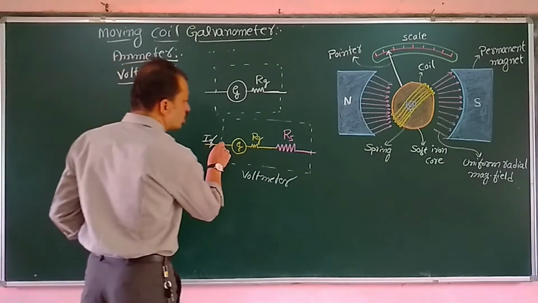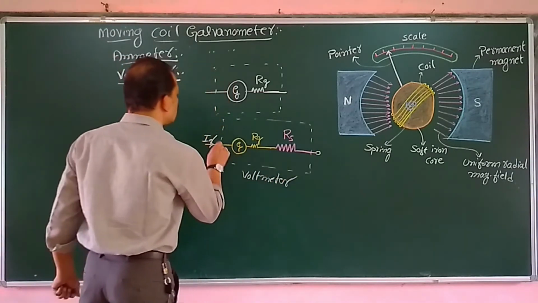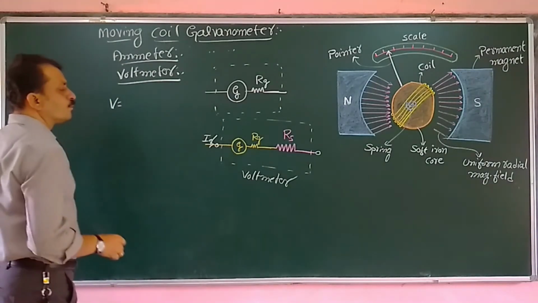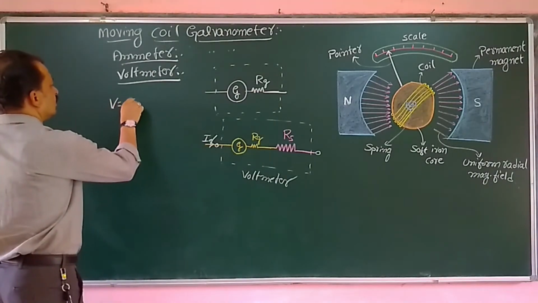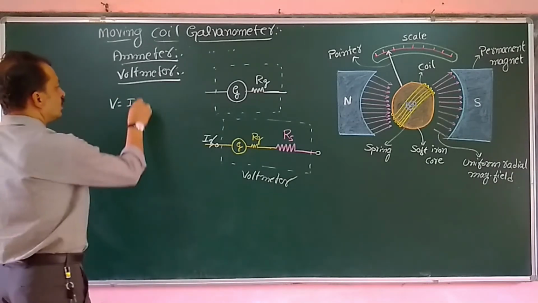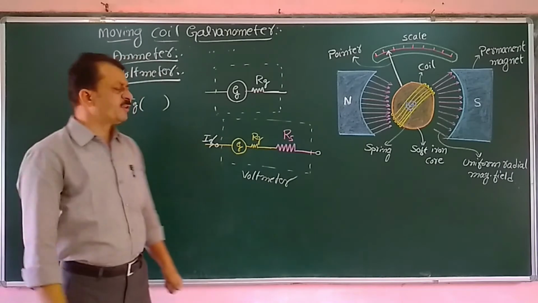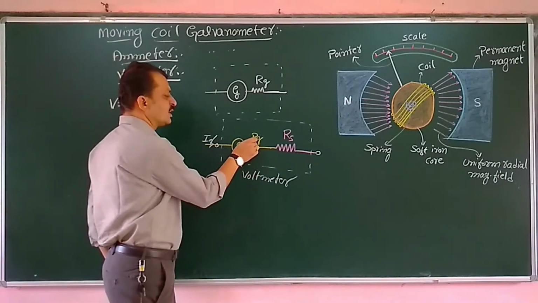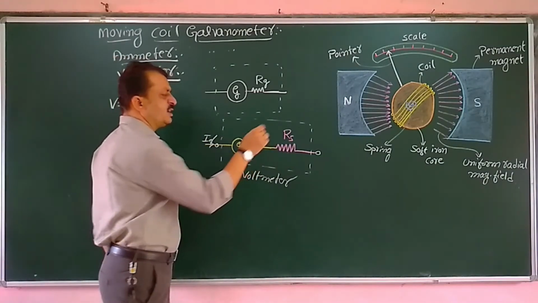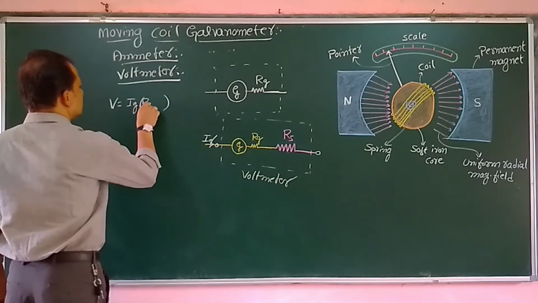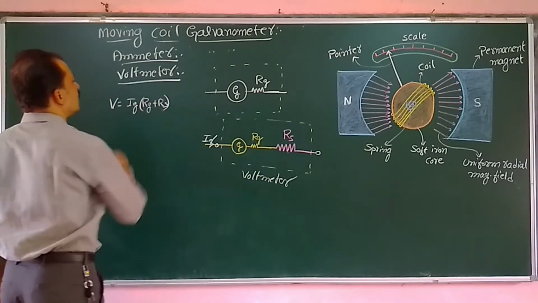Therefore, the total potential drop across these two terminals is V equal to Ig multiplied by the effective resistance, Rg plus Rs.